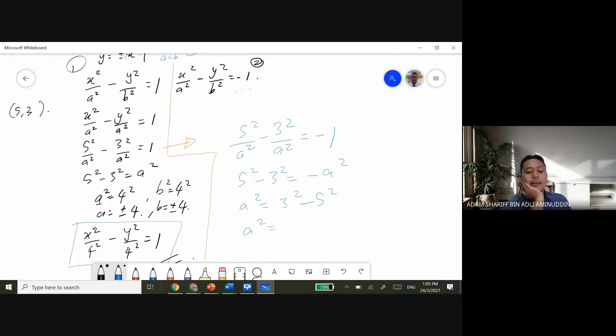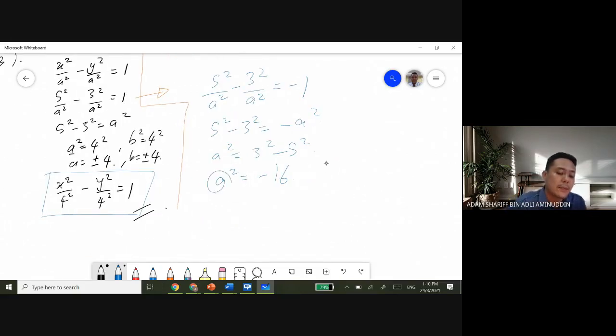Dia akan dapat 9 minus 25, and it will be negative 16, right? So, kalau siapa yang perasan benda ni, a squared cannot be negative. Any possible real number, if you kuasa duakan, dia akan dapat positif. So, yang ni mungkin petanda bahawa it cannot be equivalent to negative 1.